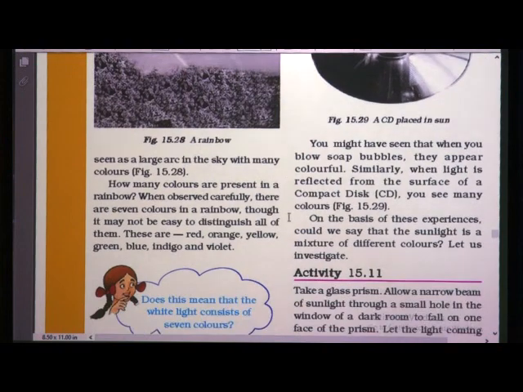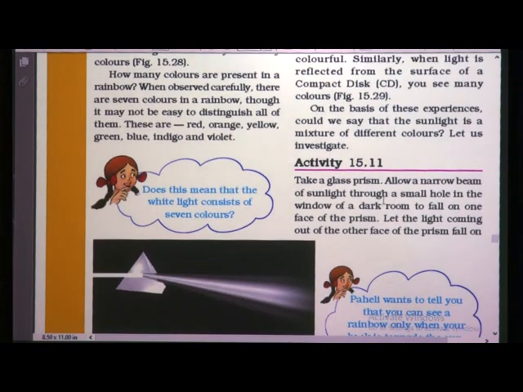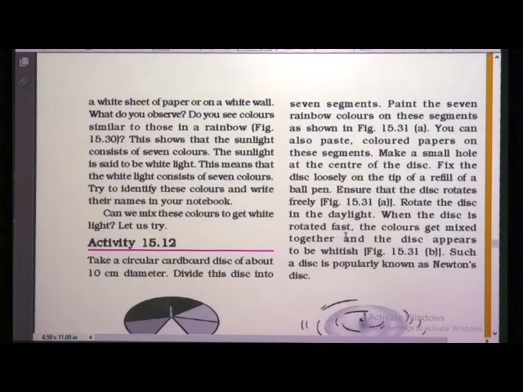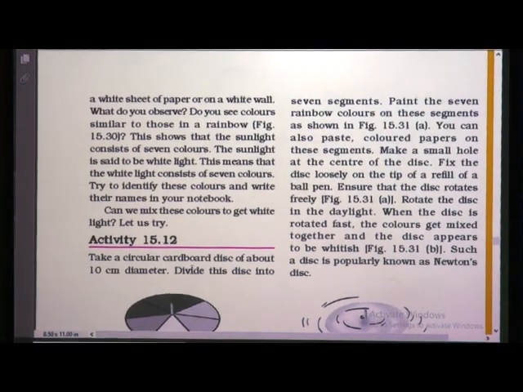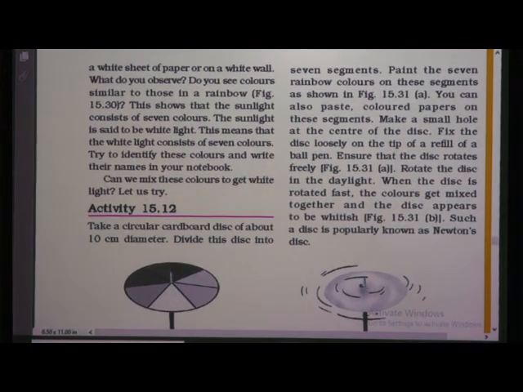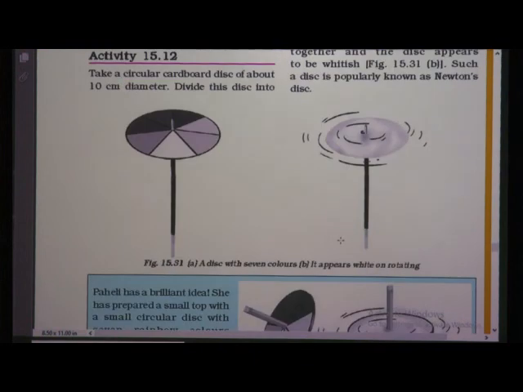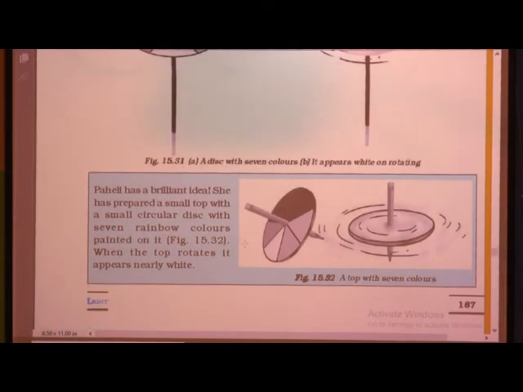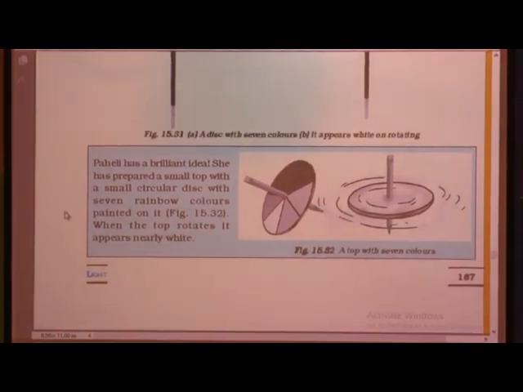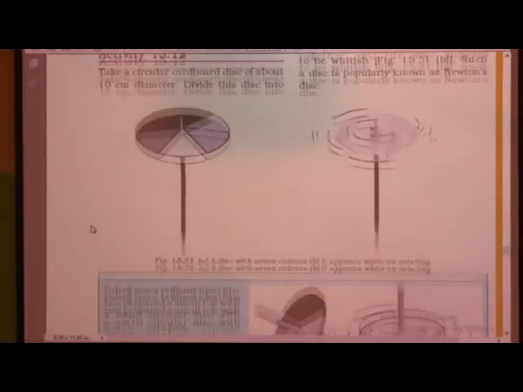And another activity is given, 15.12: take a circular cardboard. This activity you have to perform at home. The rule of light is that when we focus a white light on a prism, we get 7 colors.